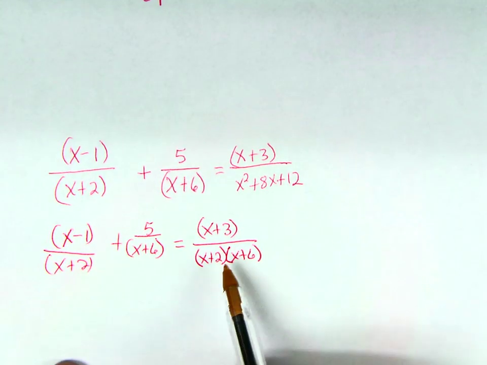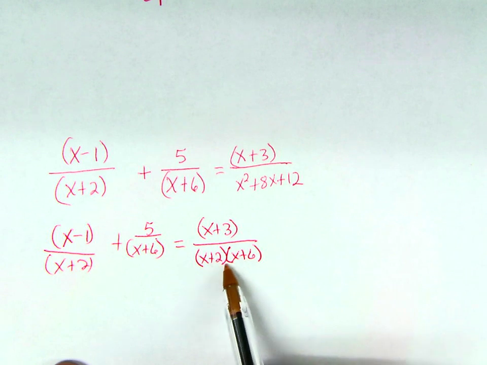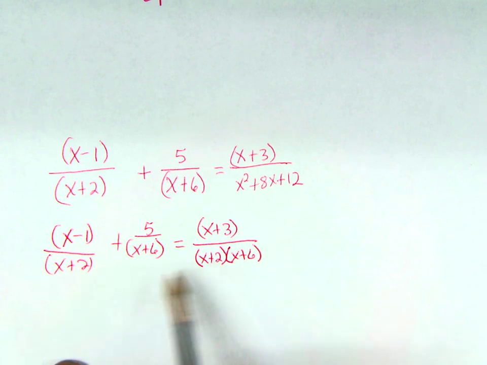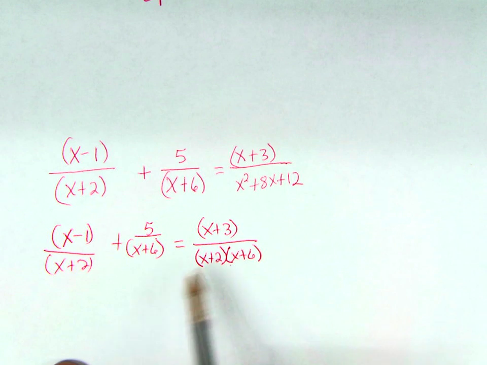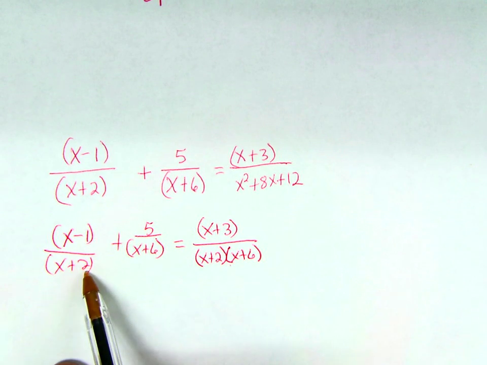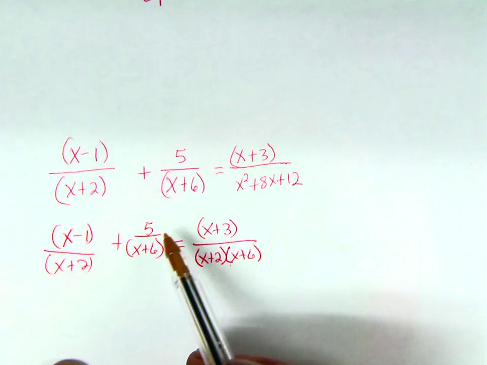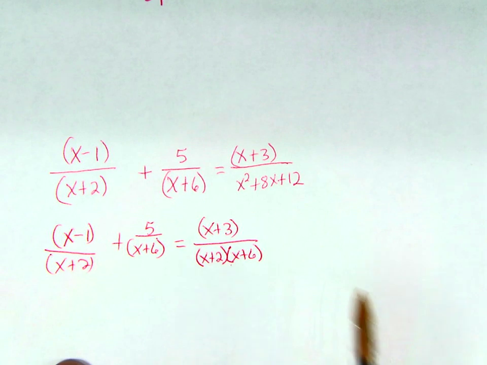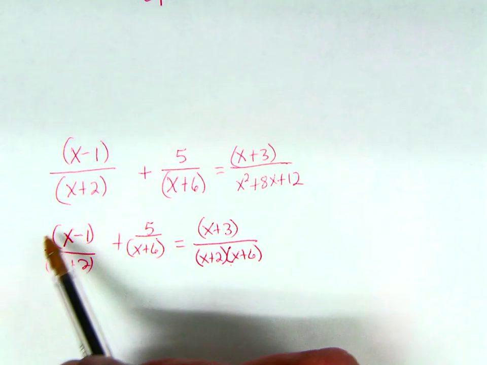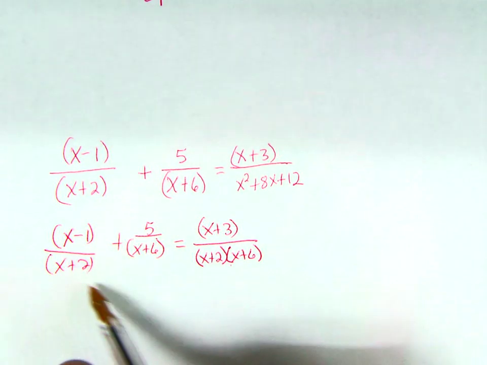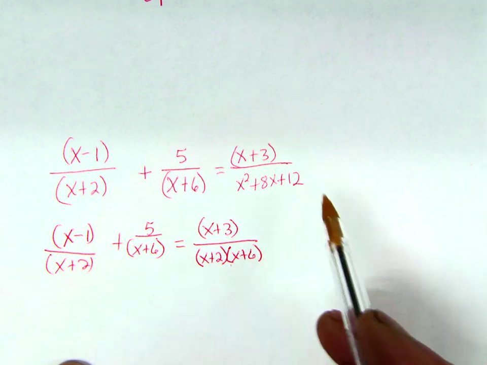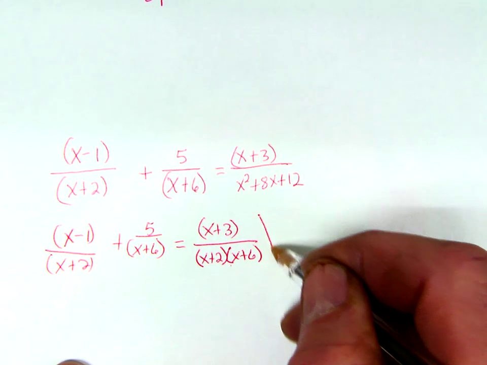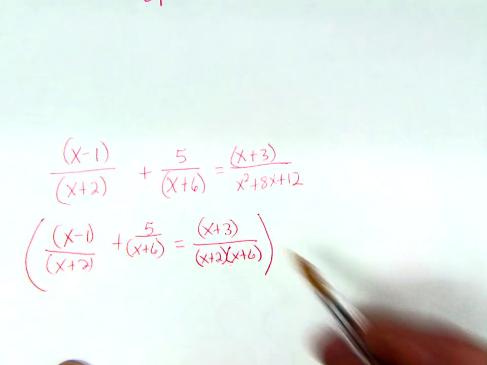Here's our commonality. You can get this by multiplying this one by x plus 6 and multiplying that one by x plus 2. So we're going to multiply the entire equation by this. Your head is probably spinning.